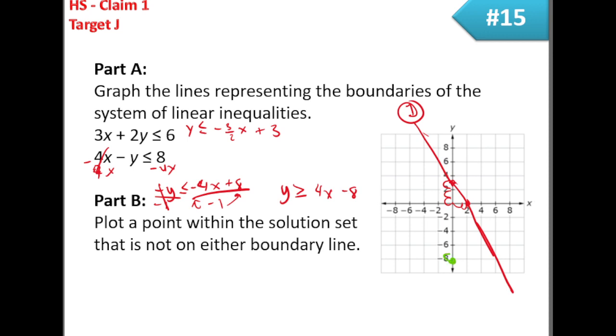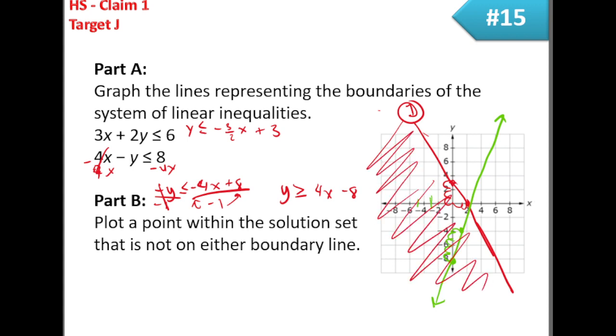I go up 4, and to the right once. So you do have to be careful of what the numbers in the graph are, whether the ones in the middle are odd numbers or not. So in the red, it's telling me that y is less than. So I'm going to shade below here.